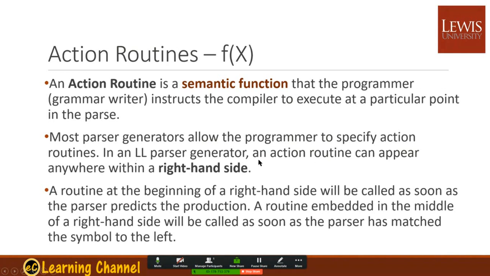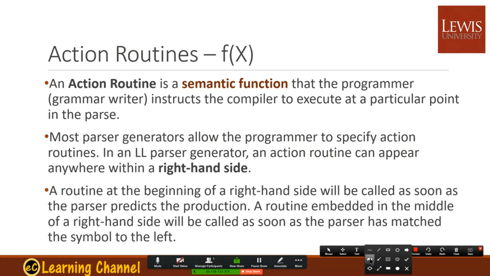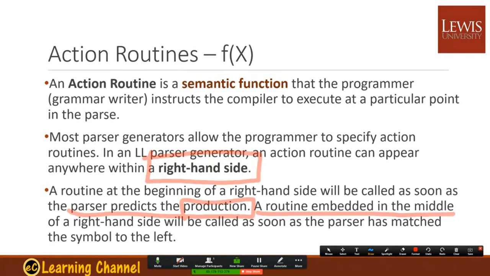In an LL parser generator, an action routine can appear anywhere on the right-hand side. A routine at the beginning of the right-hand side can be called as soon as the parser predicts the production. A routine embedded in the middle of the right-hand side will be called as soon as the preceding symbol is matched.